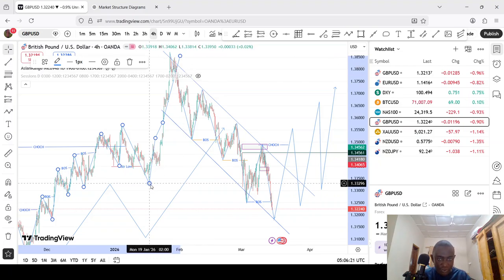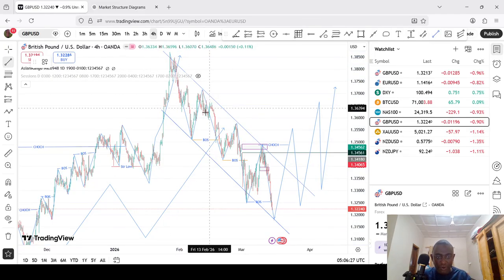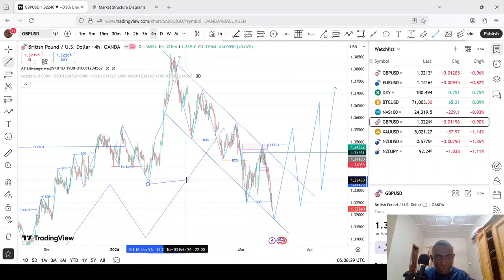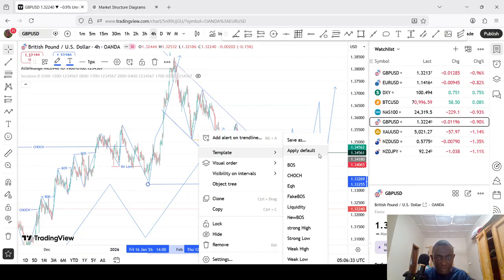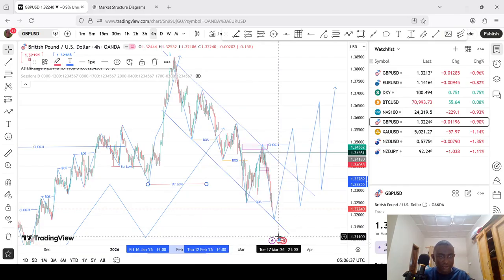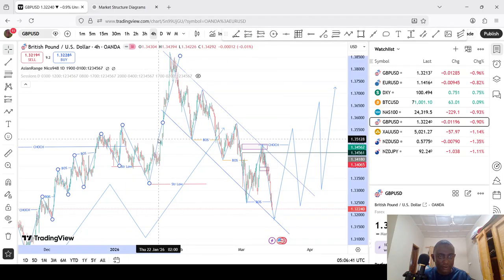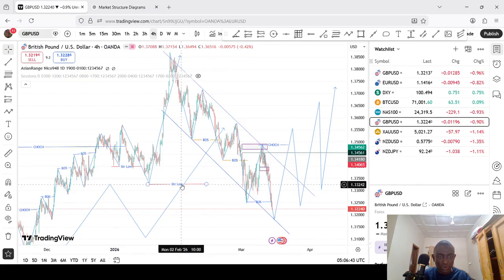So here was supposed to be our strong low. You understand? Here was supposed to be our strong low.